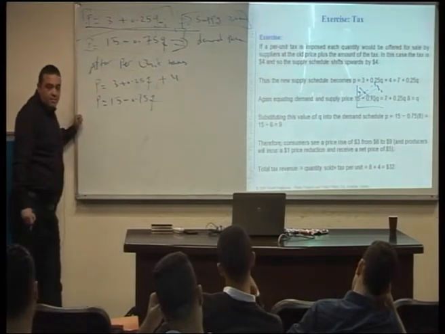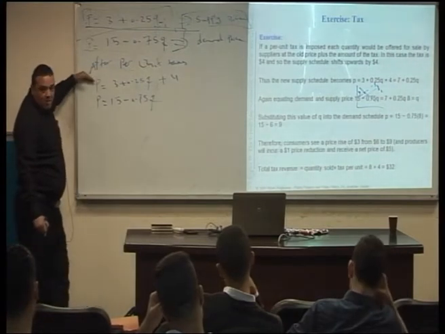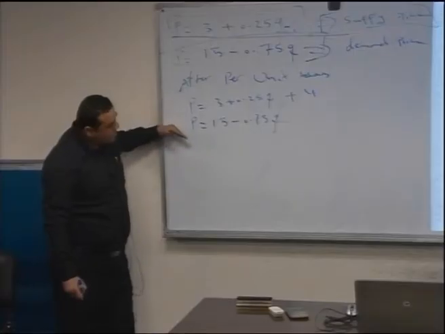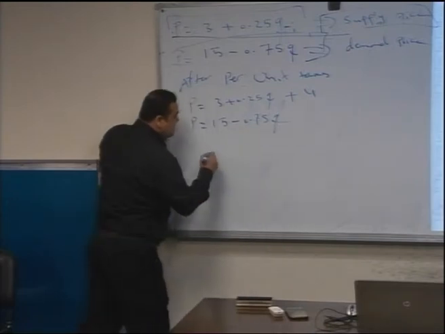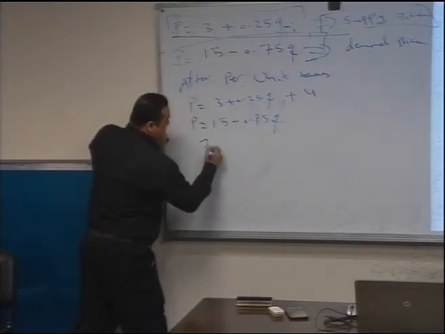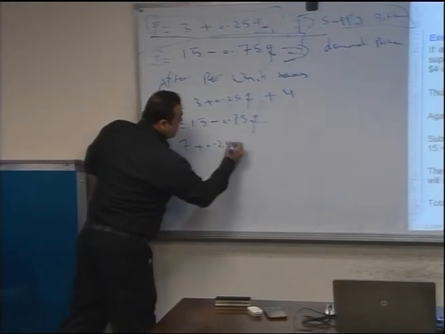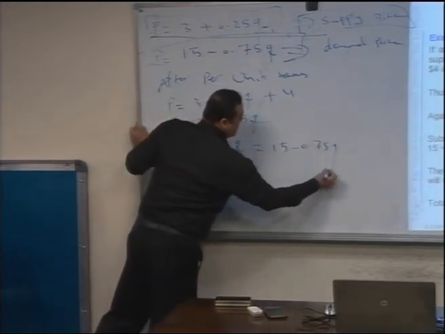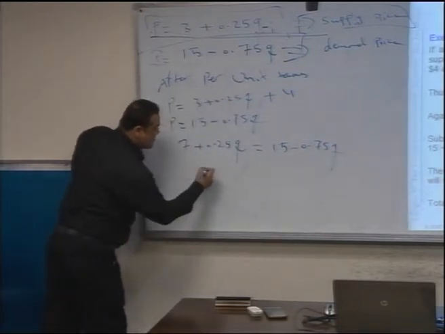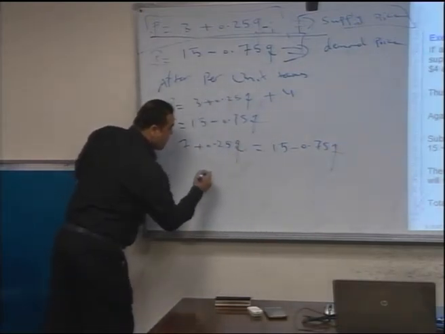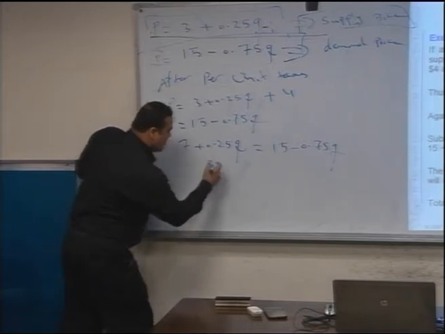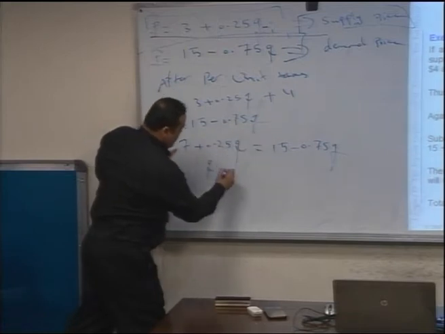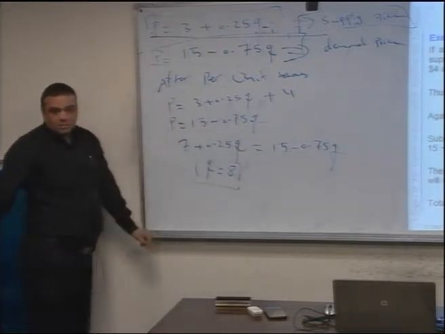At equilibrium, the new supply price equals the demand price function, which is fixed. So 7 plus 0.25 Q equals 15 minus 0.75 Q, hence Q equals 8.